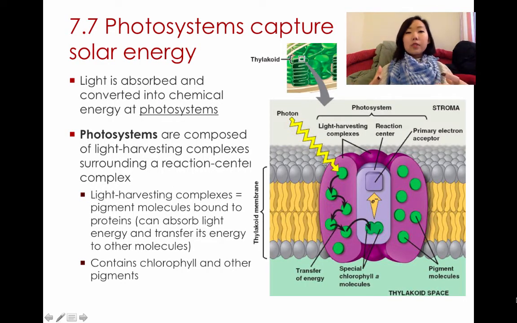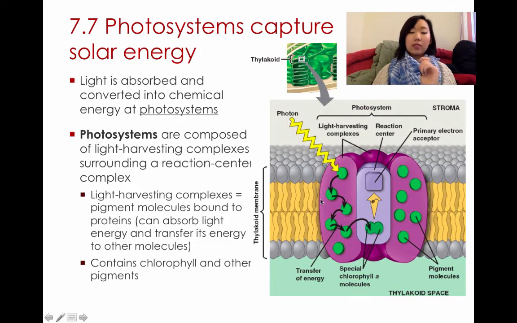So photosystems are what contain the pigments, and they're the entire complex that actually absorbs light inside the chloroplasts. Photosystems contain something called light harvesting complexes and a reaction center. These light harvesting complexes are just the pigments, which are also bound to proteins, this purple thing.